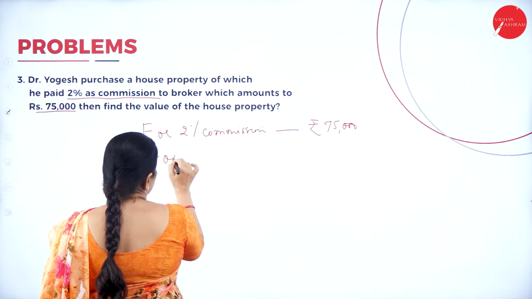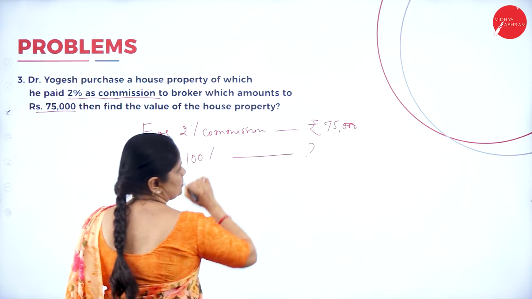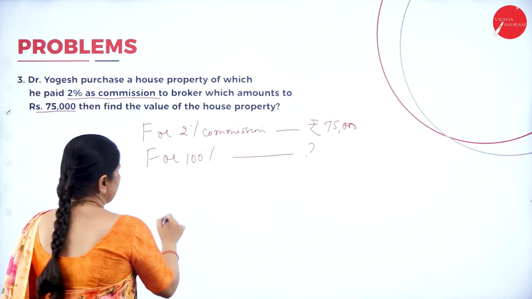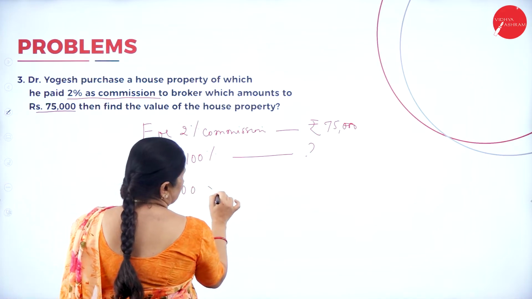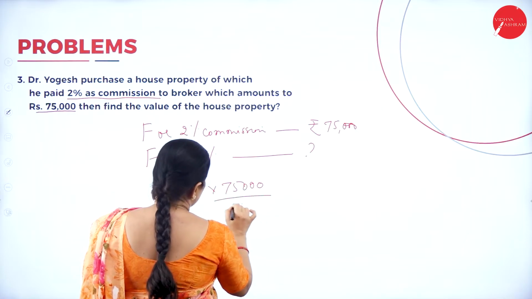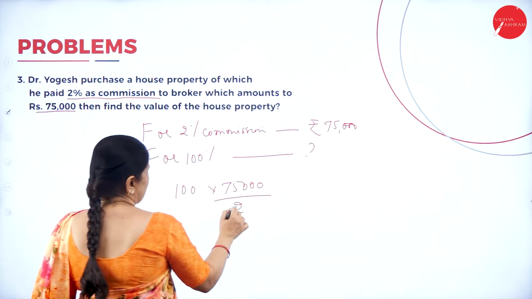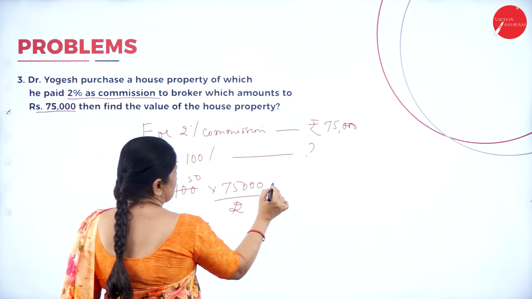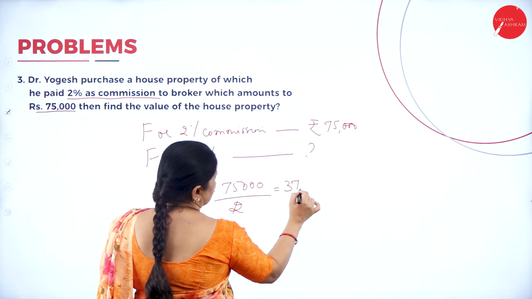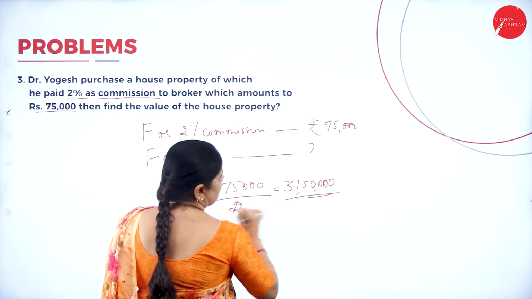For 100%, how much? So, it will be 100 into 75,000 divided by 2. So, 2 into 50. So, this comes up to 37,50,000.